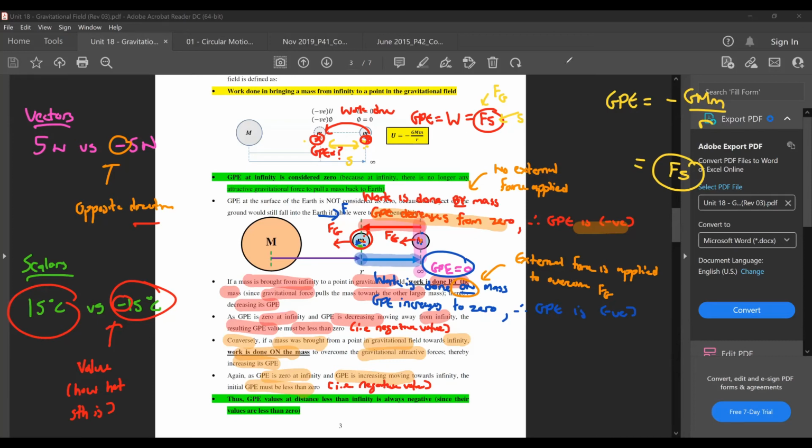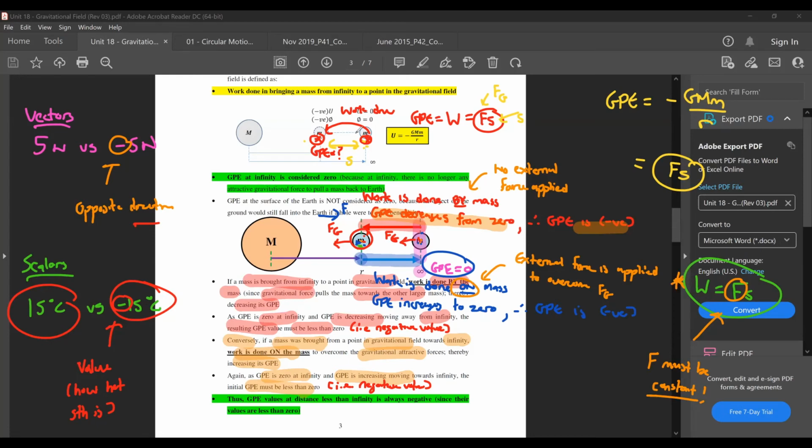Last time in AS, when you wanted to use work done as the product of force times distance, there was a condition to use this equation: F must be constant in the first place for this equation to be valid.